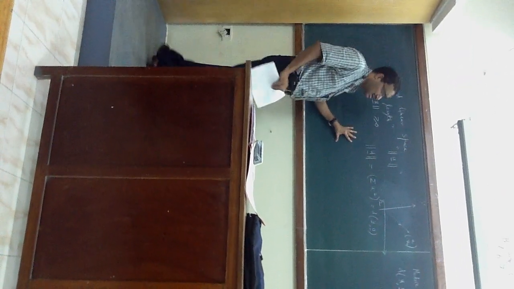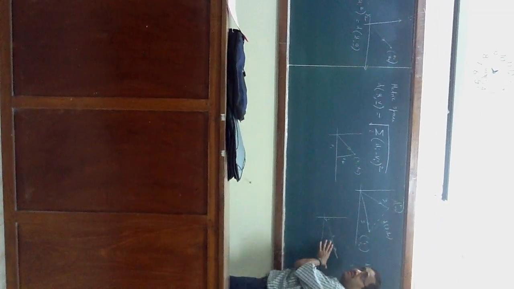Now we have an idea: to define the length we need a metric space, and to define the metric space we need a vector space. If you don't have vectors, you cannot have distance between two vectors. If the distance is defined, you can define the length by this expression. If this point comes, then this distance becomes the length of the vector.